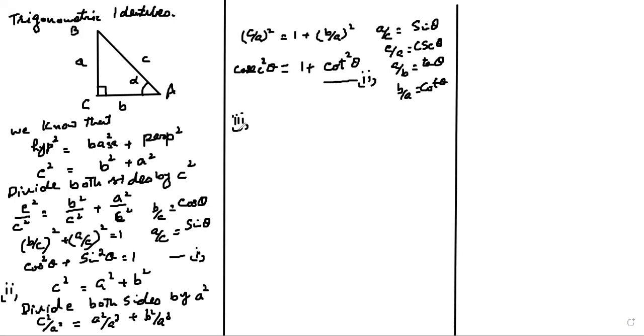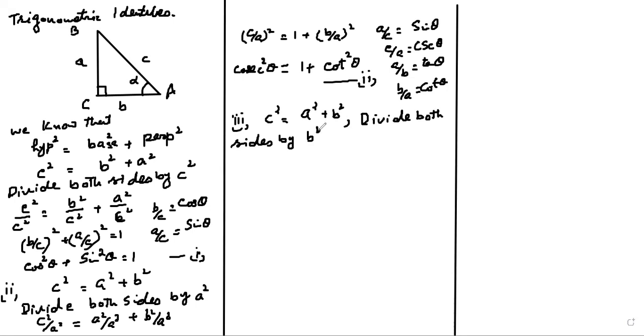Right, now for the third one. Again, we have C square equals A square plus B square. Now divide both sides by B square.